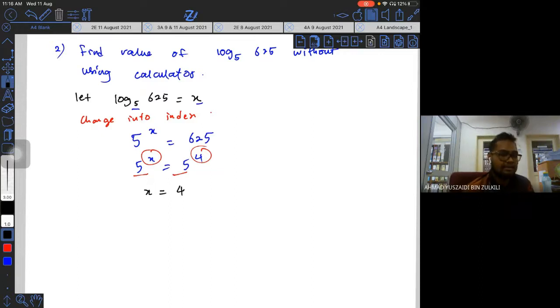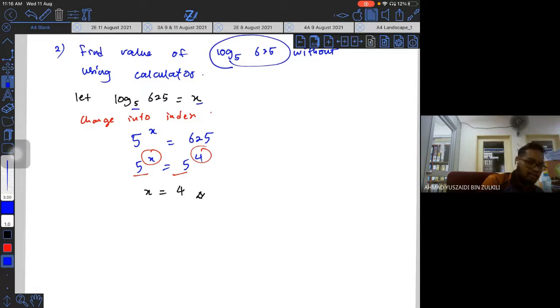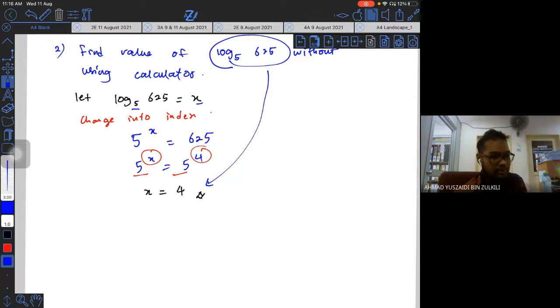So your x is 4. So kalau you nak check if your answer is correct or not, bolehlah tekan calculator. Log 625 base 5, you press your calculator, you will get 4.